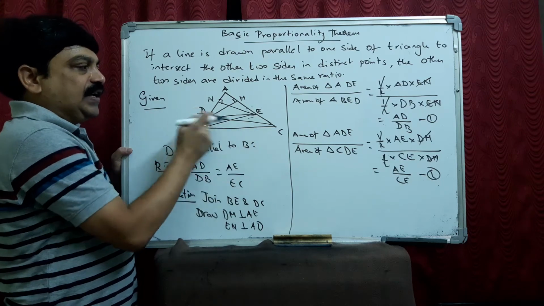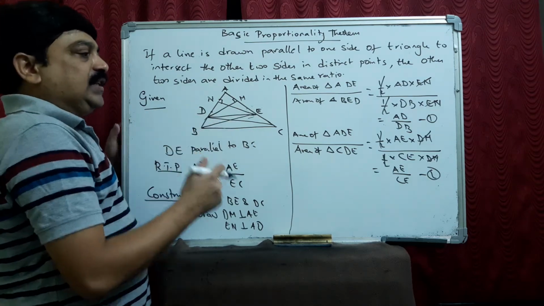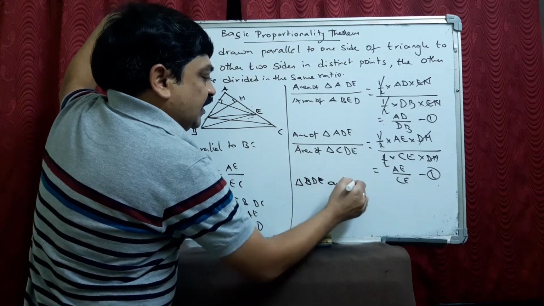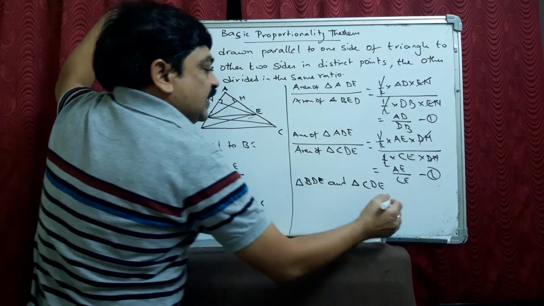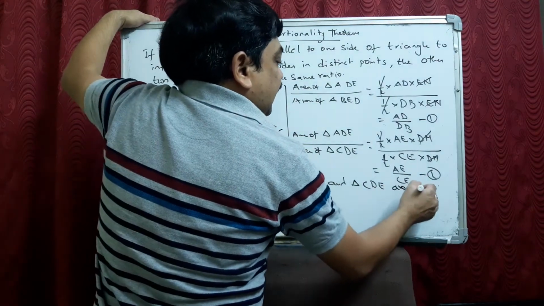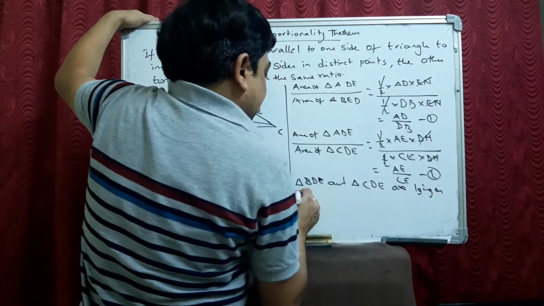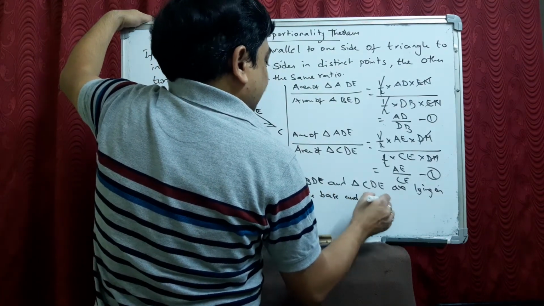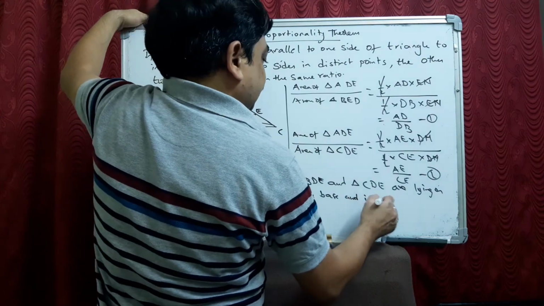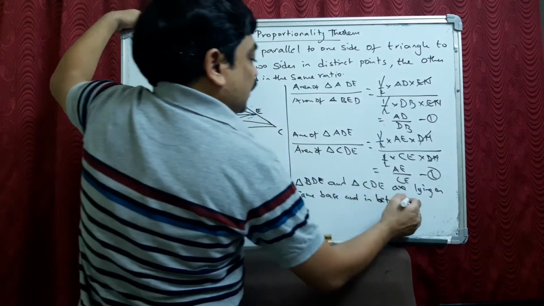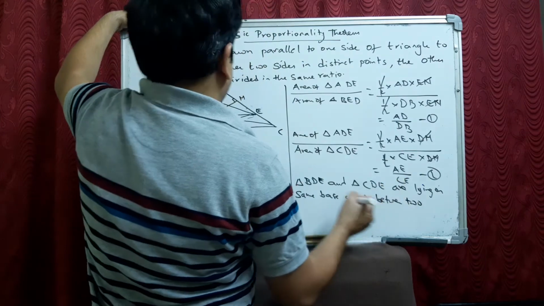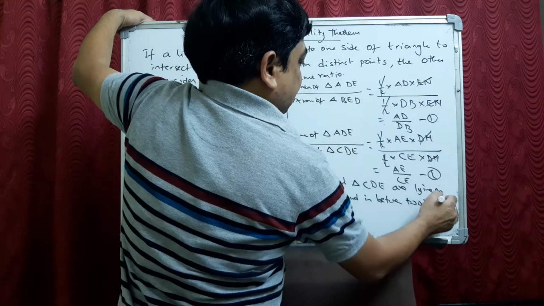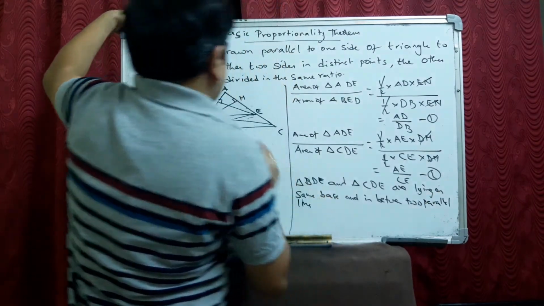Triangle BDE and triangle CDE are lying on the same base and in between two parallel lines, because DE is parallel to BC.